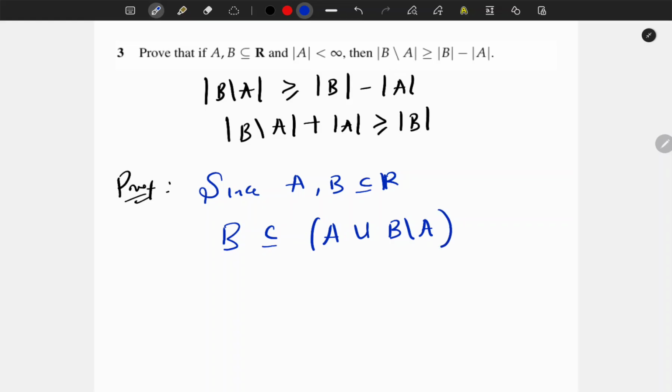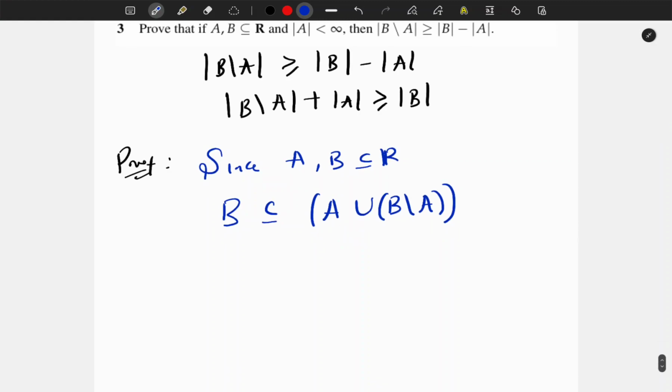You can carefully check that in set notation: A union (B take away A). With that, we are almost done with our proof. You can verify that this actually holds.